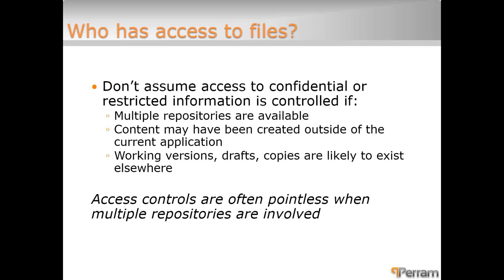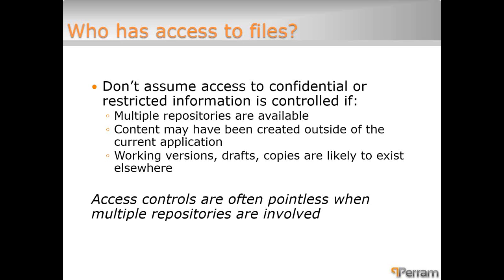Who has access to files? This is an interesting one around all of this content that's been created in different repositories. Sometimes I think we don't really think about all of the copies that may exist of a particular file. And it comes into play specifically when we're looking at files of confidential or restricted security classification, where we locate the, let's call it a final copy, and we move it into a system and put a restricted classification on it.